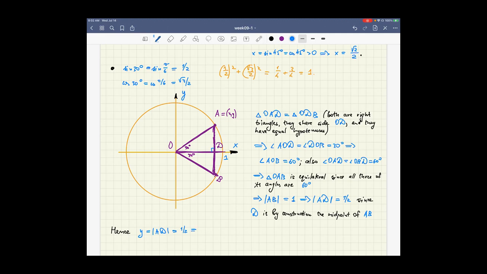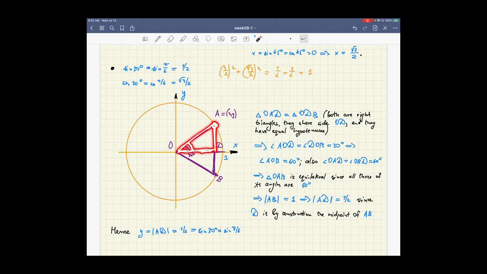And on the other hand, y is the sine of the angle 30 degrees. The y-coordinate of this point is the sine of this angle, and the x-coordinate of this point is the cosine of this angle.